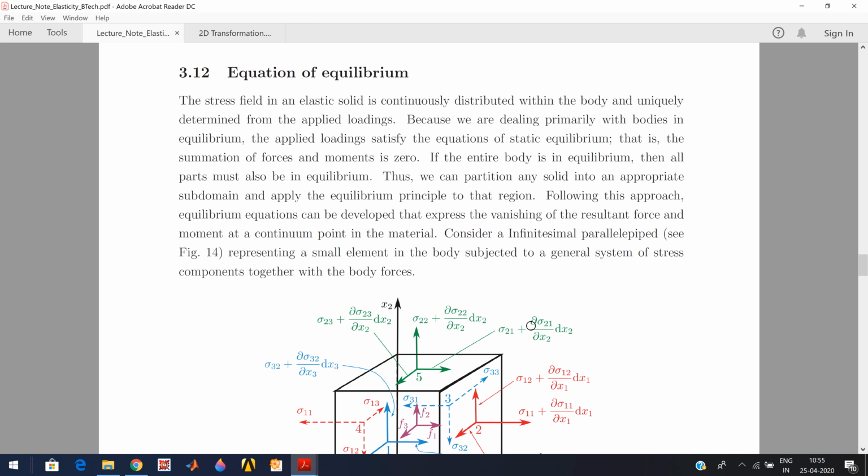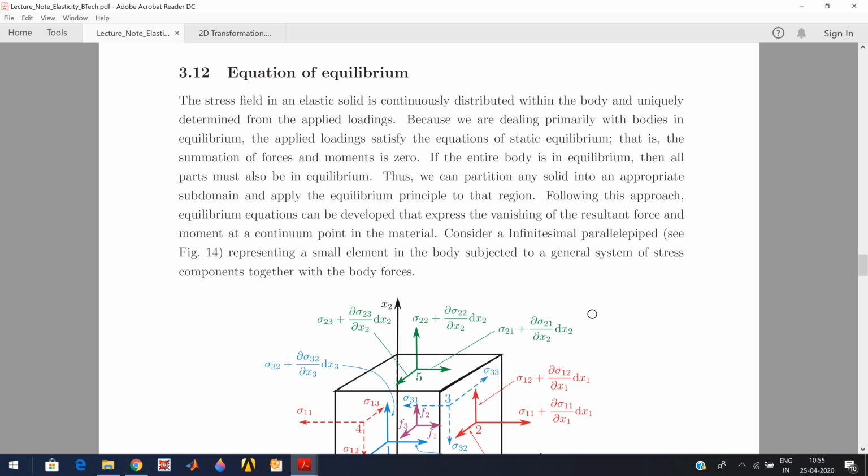One is the conservation of angular momentum, which we have already considered while discussing the symmetry of the stress tensor. And now we can consider the second fundamental equation, which is the conservation of linear momentum.